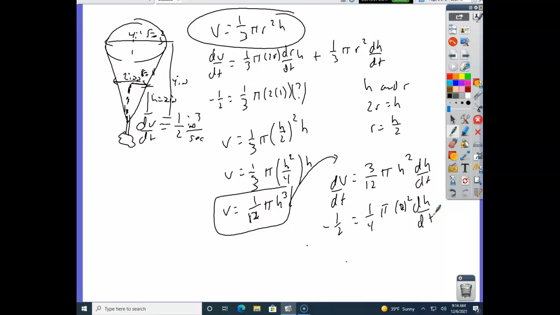Yes, I put in 2 because that's how high the water was. The point I'm asking about is the height was 2. Now it's like, okay? Yeah, I think so. Okay. I'm going to cancel this out. I'm going to notice a really strange thing. 1 over 2 pi is equal to dh dt. What are my units?